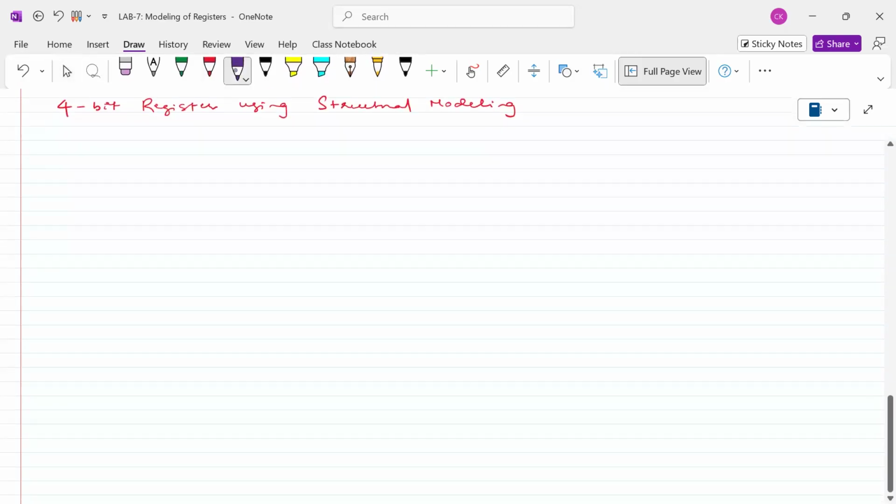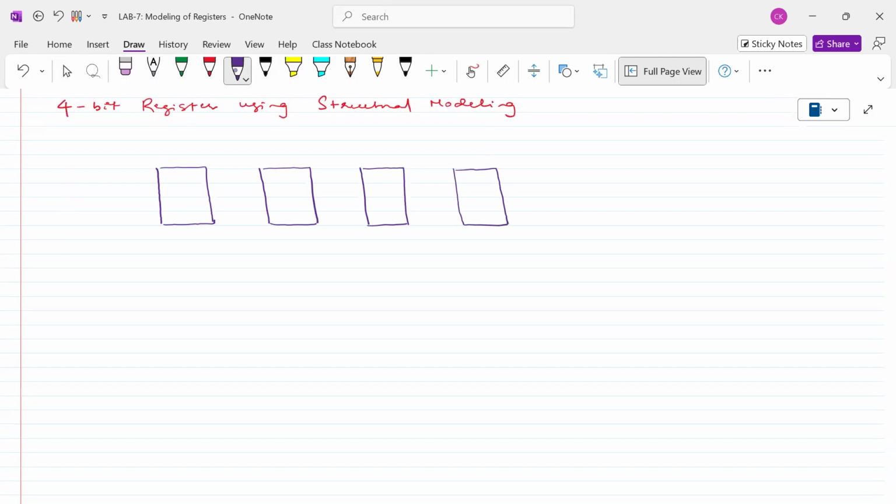To store 1-bit data, what do I have to use? One flip-flop is required. Am I right? To store 1-bit data, one flip-flop is required. To store 4 bits, 4 flip-flops are required, right? Did you catch this point? Do you understand? Yes.